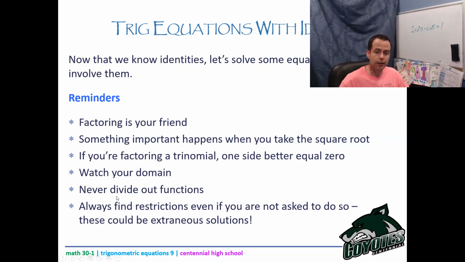Never divide out functions. If you divide them out, that's where the factoring comes in, right? If you divide them out, you've just lost half your solutions. Always find restrictions, even if you're not asked to, because some of those restrictions could end up causing you to find extraneous solutions, and you can't have those in your solution set. It's important that you find extraneous solutions and then somehow communicate in your work that they are extraneous.